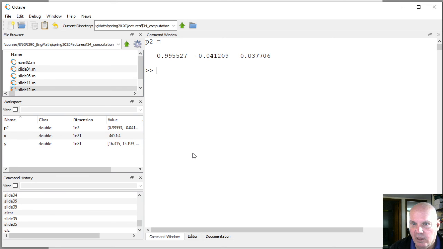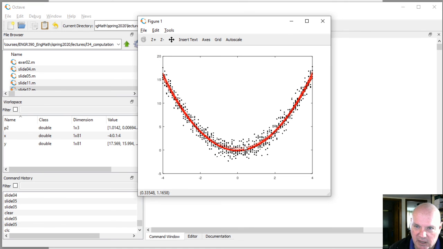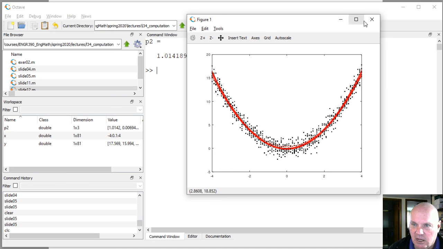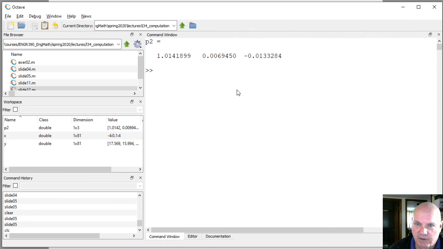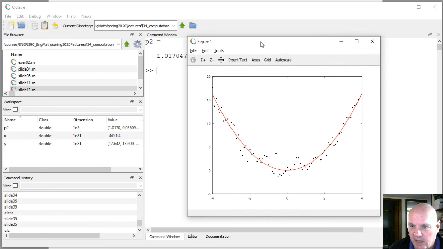I ran the wrong thing. I'm going to get a different set of numbers every time I run this. But for all of them, that x squared coefficient is about 1. I'm also getting a slightly different plot every time. That's one of the issues: if I don't close the graph window, all the plots keep being added to the original plot.